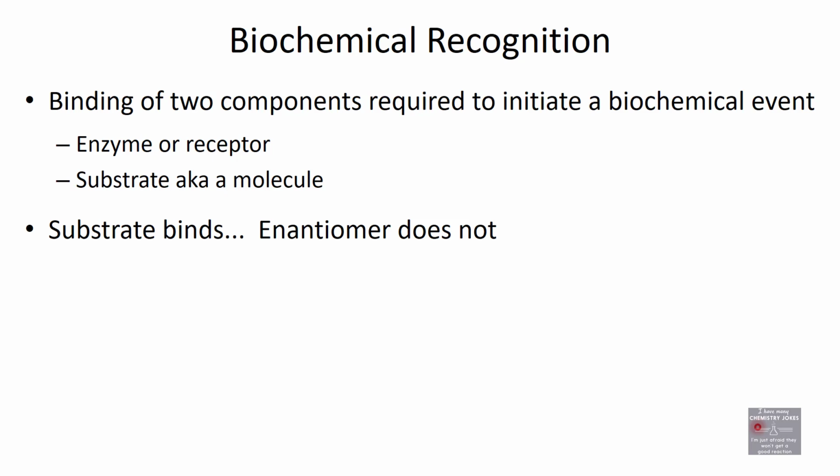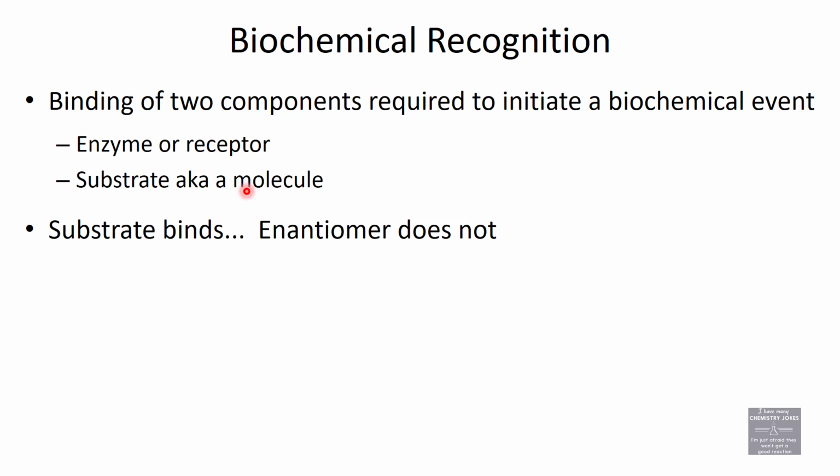So pharmaceuticals all depend on a biochemical recognition in our bodies. A biochemical recognition means when 2 components bind together to initiate some sort of biochemical event, as in suppress certain things or promote other things, etc. The 2 things that have to come together are an enzyme and a substrate, or receptor and a substrate, like cell receptors and a substrate.